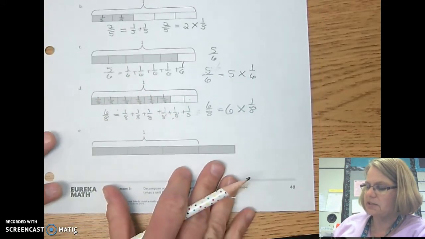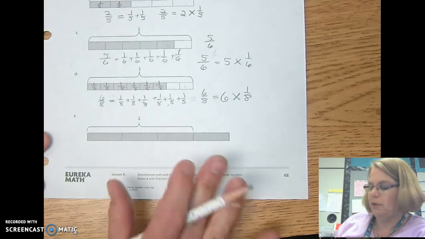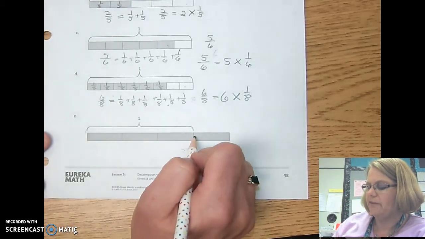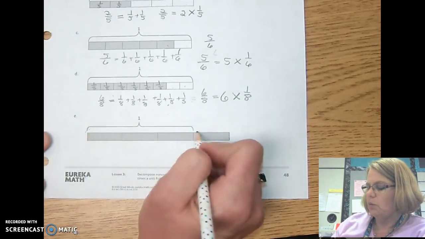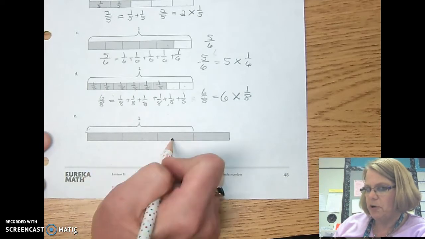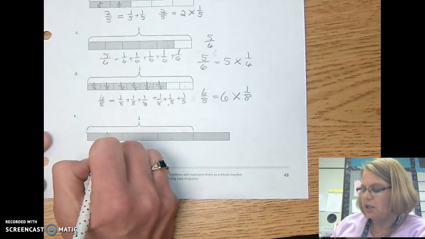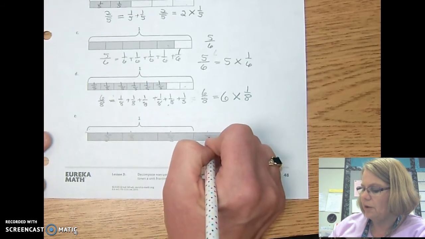That's what that means. Now, if we look at the next problem, it's a little bit more complicated because we have more than 1 here. So if we look at where we have the 1 indicated, it is broken up into 3 parts. That means each one of these is 1/3. And this is also 1/3.